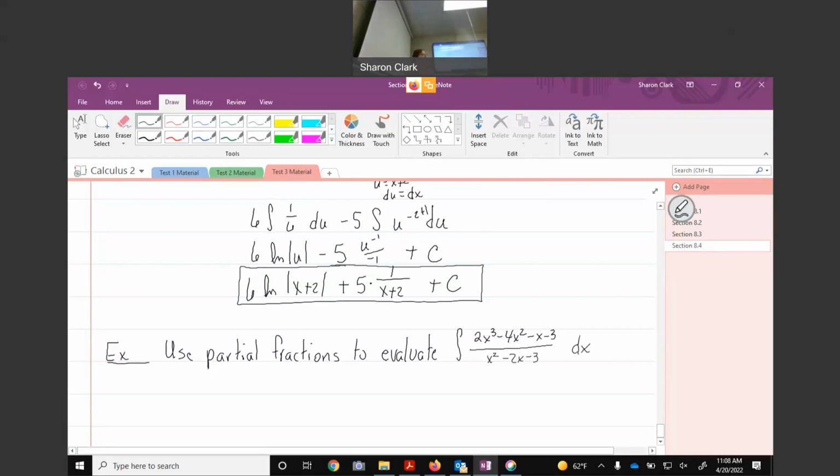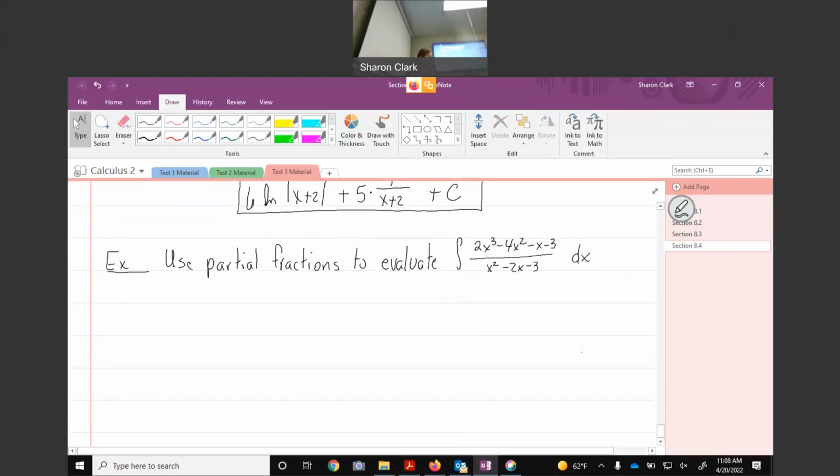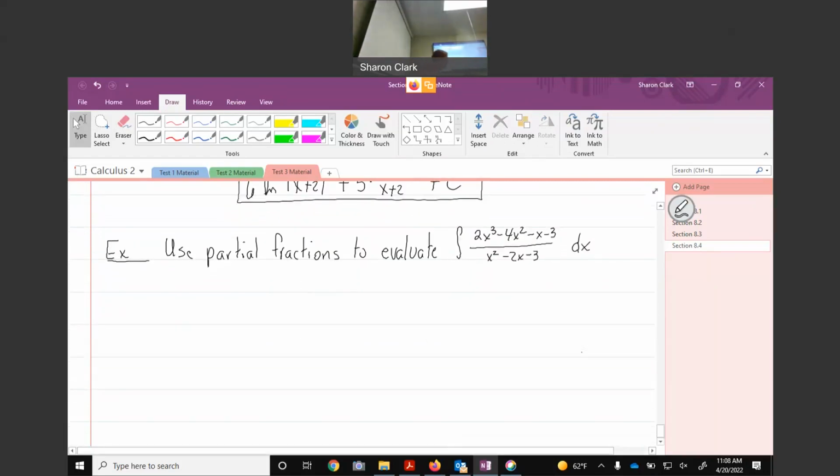Okay, so notice that this is an improper fraction. The top of the fraction has a degree higher than the bottom. So what we have to do is use long division to make a proper fraction.